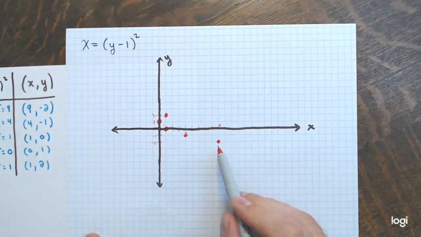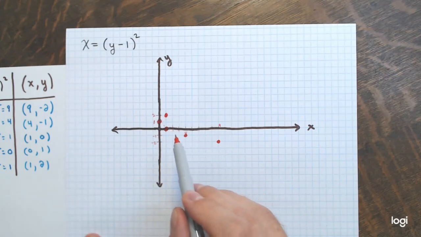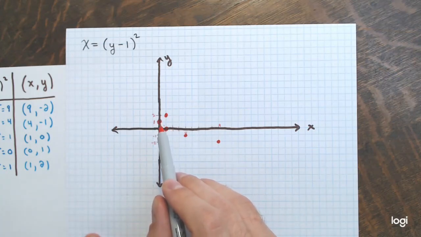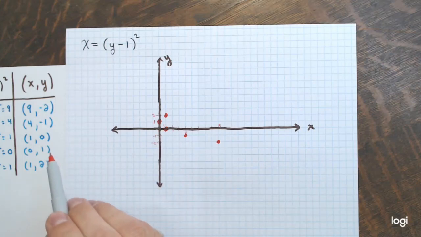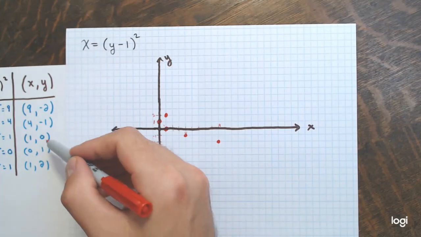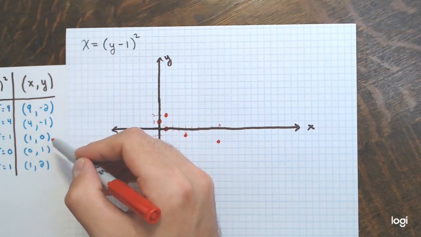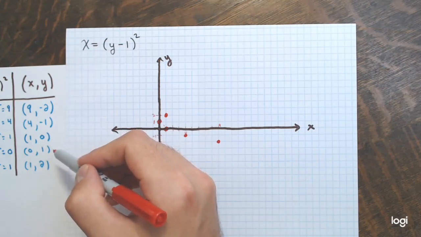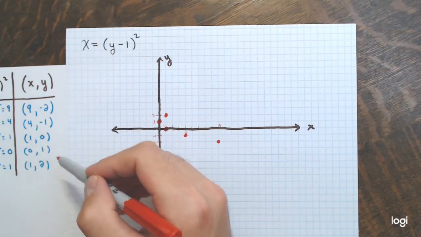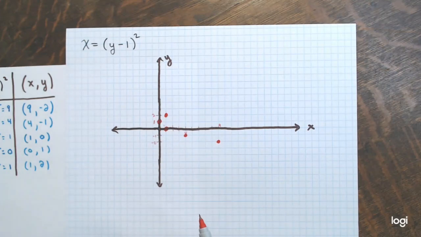And hopefully you see the start of this parabola shape. Looks like the turning point this time, the point at the bottom of the parabola, is this 0, 1 solution here. So it's not the third one like it was in the last 2 examples, where it was my third point when I plugged in negative 2 to 2. Here it's the fourth point. That looks like it's this turning point. So let me plot some other ones.